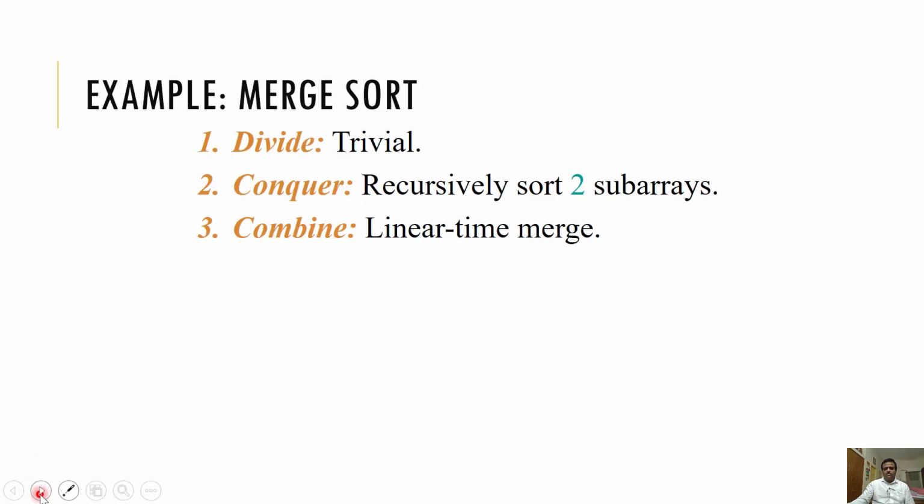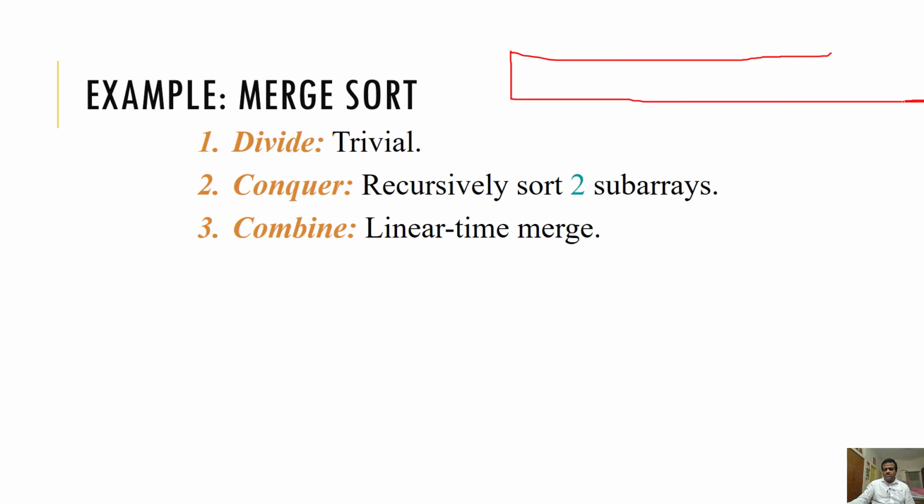As we know, merge sort comes under this. If you recall, we discussed merge sort in lecture number 1. We have an array of size n that needs to be sorted. This is a problem of size n.